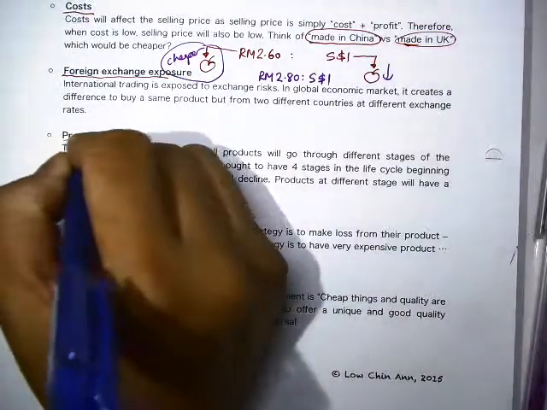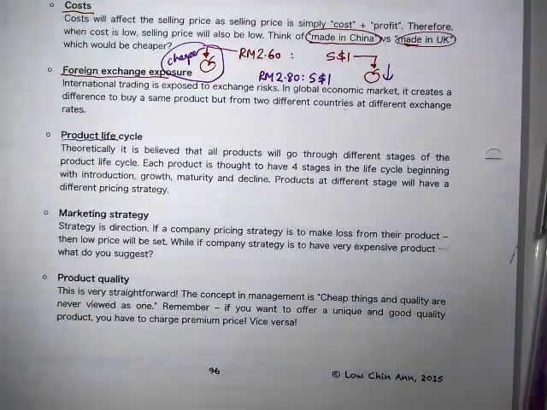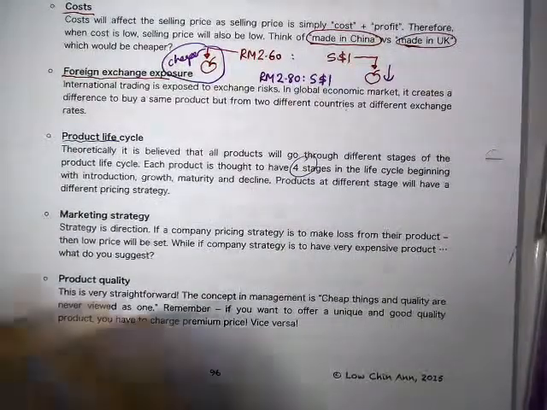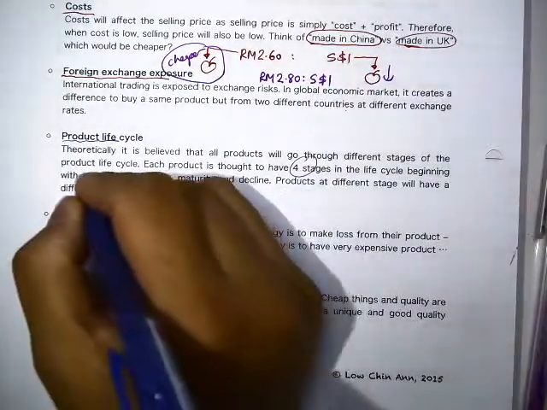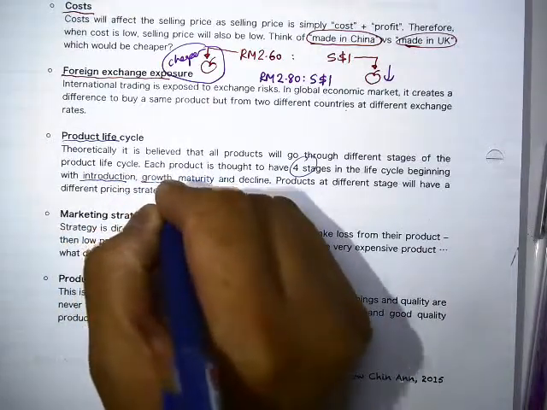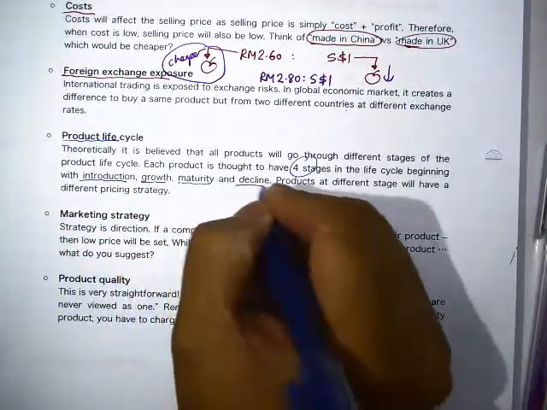Now we think product life cycle is also a reason. Depending on what product you're selling, typically we tell you a product goes through 4 stages: they are introduced to the market, they grow, they mature, and they die.